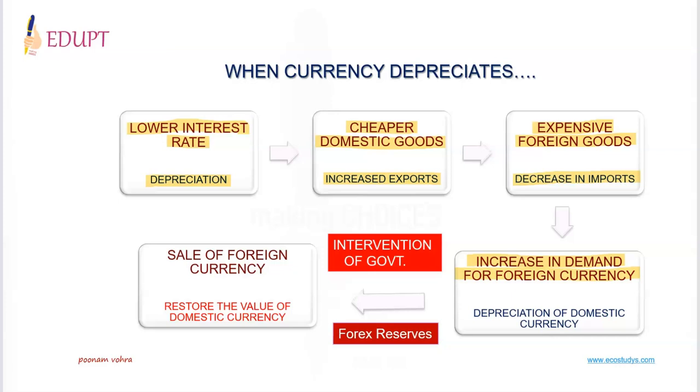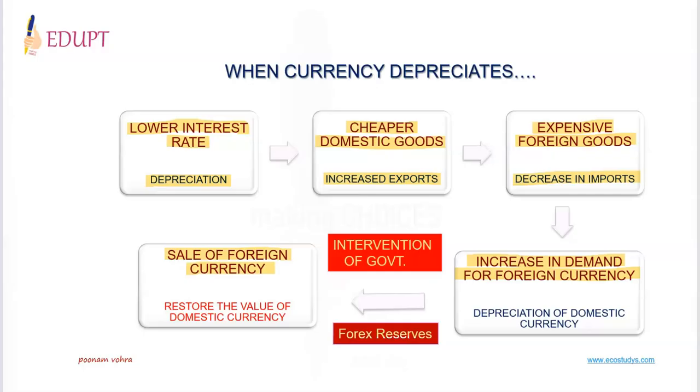Now, central bank maintains foreign exchange reserves to ensure that the exchange rate stays within the targeted value. It exercises its influence through sale and purchase of foreign currency in the international money market. Now, the central bank would like to restore the value of domestic currency and will start selling the foreign currency from its foreign exchange reserves in the international money market and expects to increase the supply in the market.